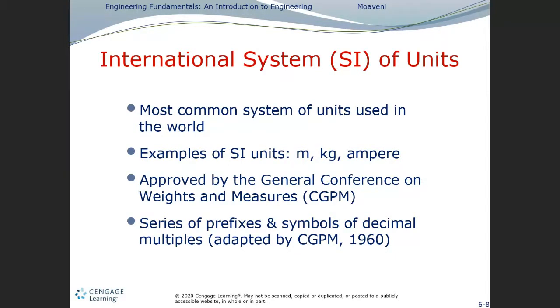When you're doing an engineering problem, you may have a mixture of imperial and SI units, so you'll be converting from SI to imperial or imperial to SI. That's why units are important.